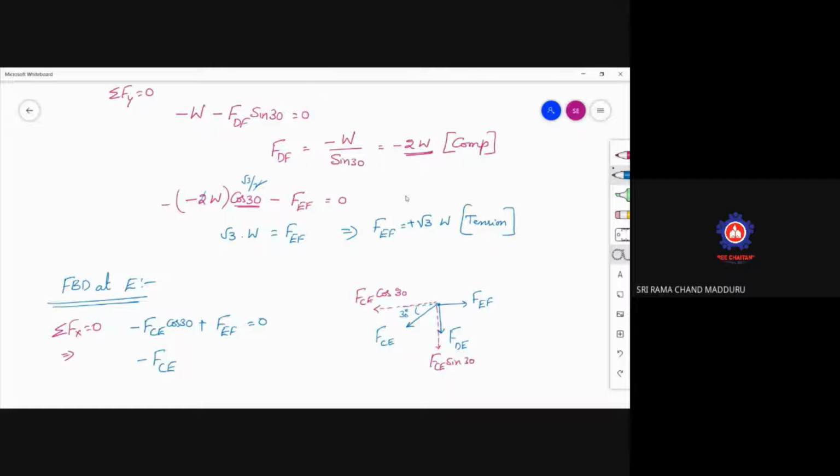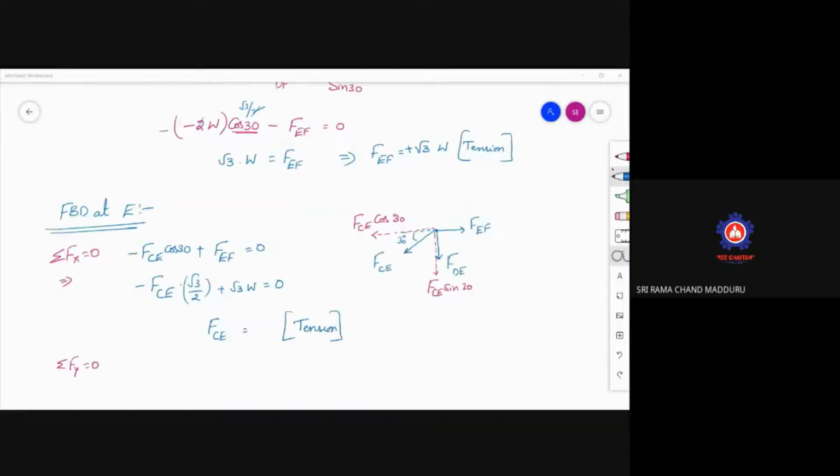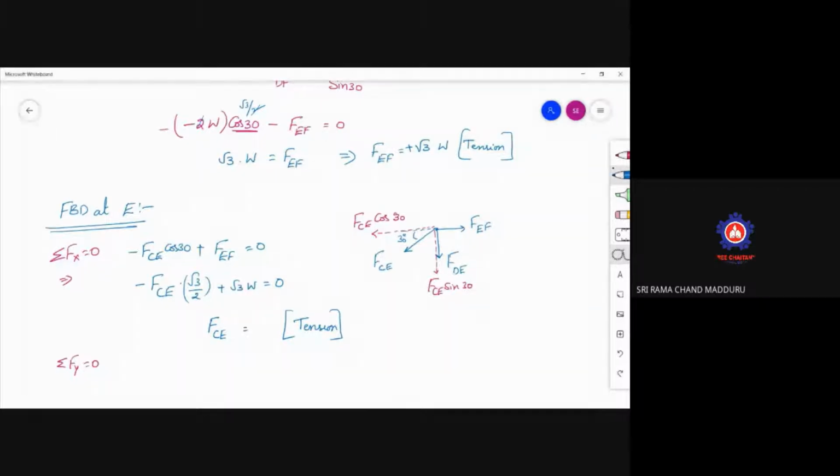Minus F CE root 3 by 2, which is cos 30, plus root 3 into W equals 0. So minus F CE root 3 by 2 plus root 3, you can cancel root 3 and root 3, so F CE will be nothing but 2W, which is tension.